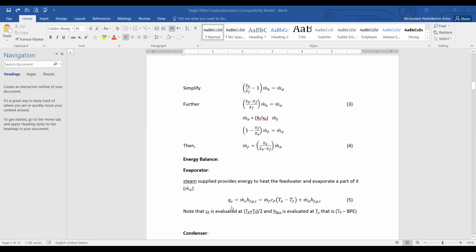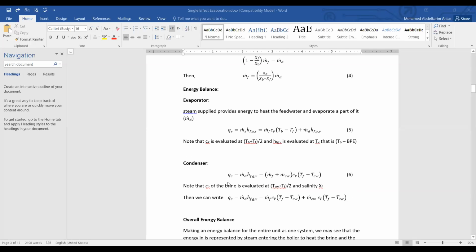The energy balance: this is the QE in the evaporator, which is coming from the steam condensation that does sensible heating of the seawater from TF to TB, and then evaporation, or the latent part.